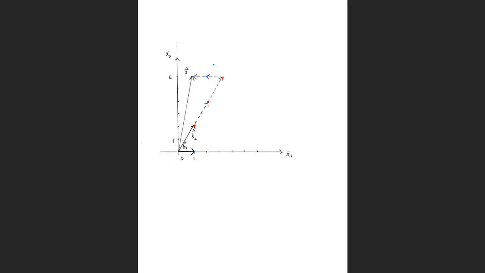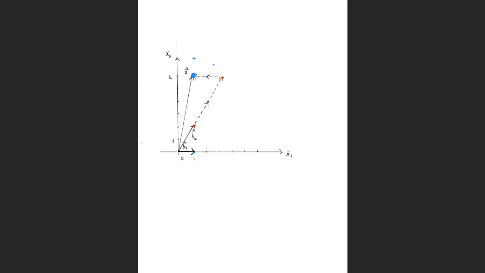And if we look at the picture, to get to this vector X, which has coordinates 1, 6, I had to move 3 B2 units and -2 B1 units from the origin.